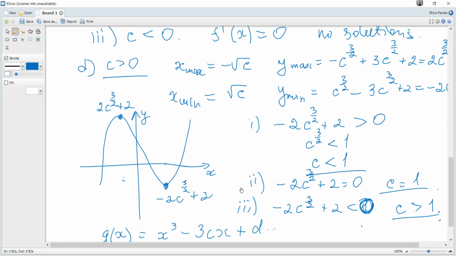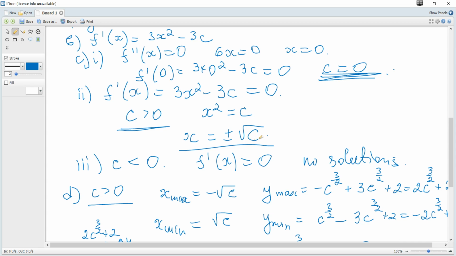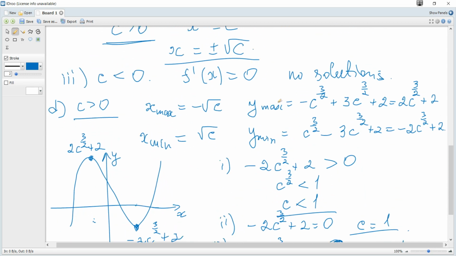But if we consider maximum or minimum, we can see that this value 2 or d in general disappears, and x coordinates of maximum or minimum are independent of d, and hence the maximum and minimum remain at the same x coordinates.